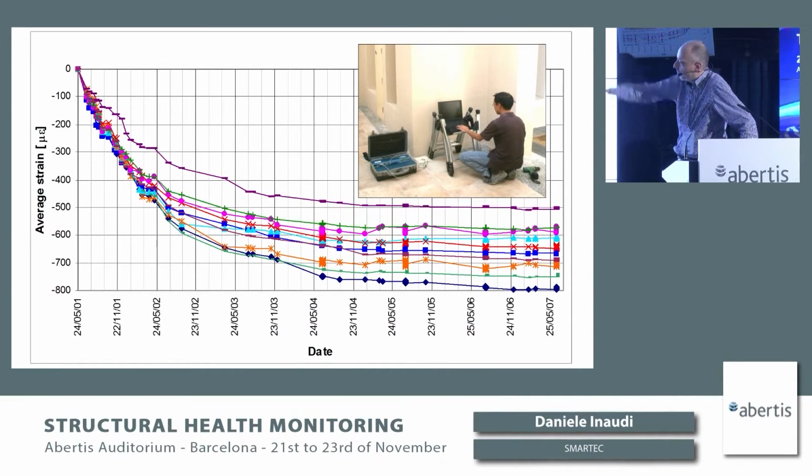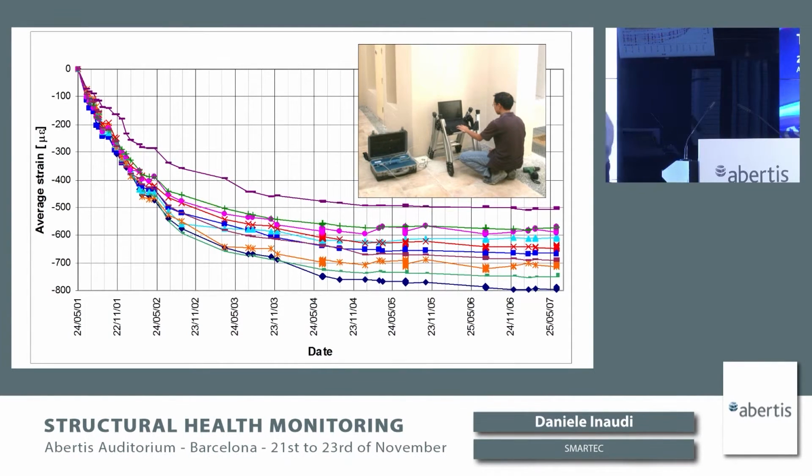And here's an example of the evolution of strain in the columns over, in this case, about 6 years. But there, as I said, we have buildings that are getting close to 20 years. You see the initial construction phase with shrinkage of concrete, and then after a few years, you get very stable readings.